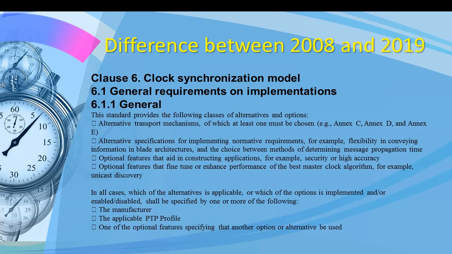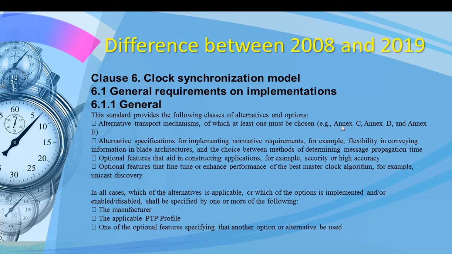Clause number 6, the clock synchronization model, regarding general requirements on the implementation. Here the standard provides the following clauses of alternatives and options. Alternative transport mechanisms, of which at least one must be chosen.